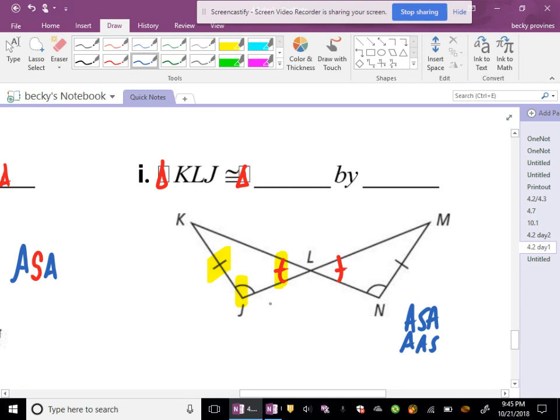Hopefully, you're saying, well, the side's not directly in the middle, so my answer needs to be angle, angle, side. So for my congruency statement, I'm going KLJ. So you need to go in corresponding order, so I need to go MLN. I think I said the wrong letter. MLN.